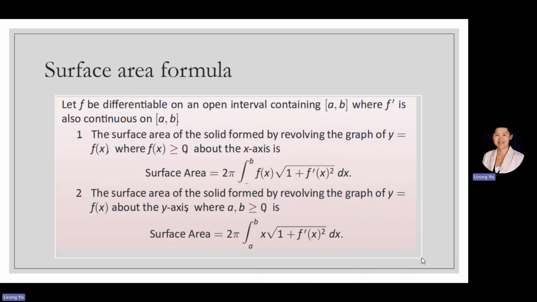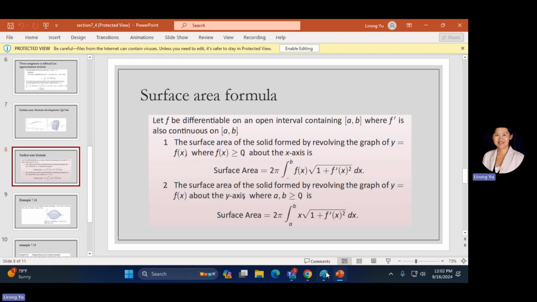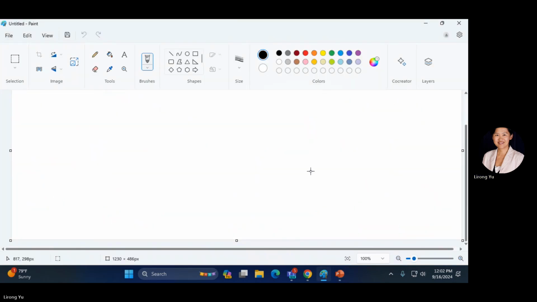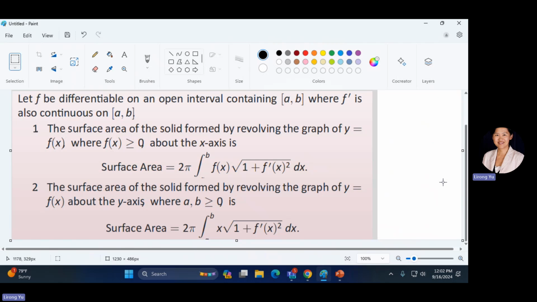The reason we have two separate formulas is because we are revolving about different axes. All right, and this is another reason I really recommend having the r and h notation rather than the dx or dy notation. So basically our surface area in the formula is equal to the integral of 2 pi r, that's one dimensional, times the ds.